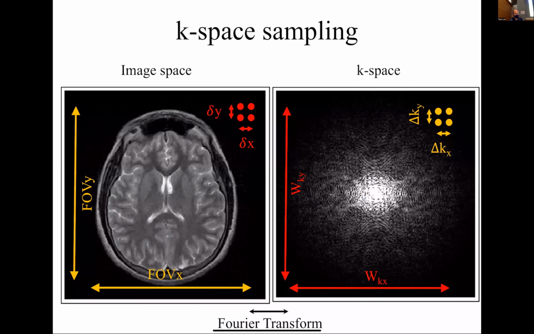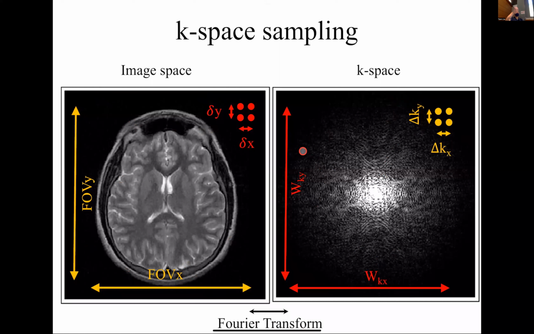So what we talked about last time was sampling, and just to remind you, your design problems are going to be, you're going to be given like an FOV, field of view, and maybe some resolution. And one of the first things you have to figure out is what's the delta kx and delta ky, and what's the wkx and wky. Okay, and then basically, so that's the first step in any MATLAB code you're going to write.